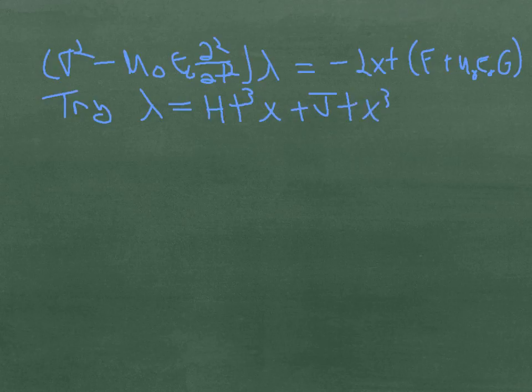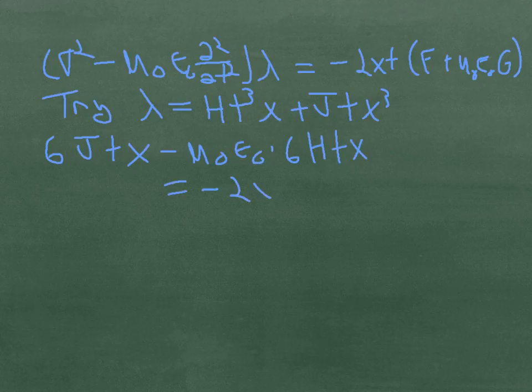We'll plug it in and solve for h and j, and if we get stuff that works, then we know we did it correctly. Plugging that in on the left-hand side, del squared kills the first term and gives us 6 j t x when we take our two derivatives, and then minus mu naught epsilon naught times 6 h t x, and this is equal to minus 2xt times f plus mu naught epsilon naught g.